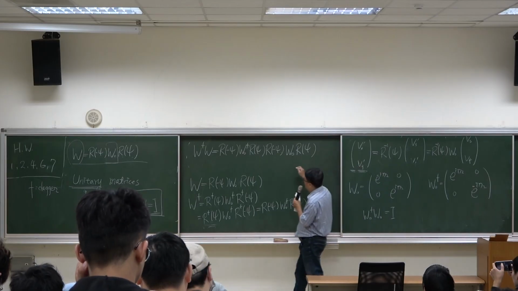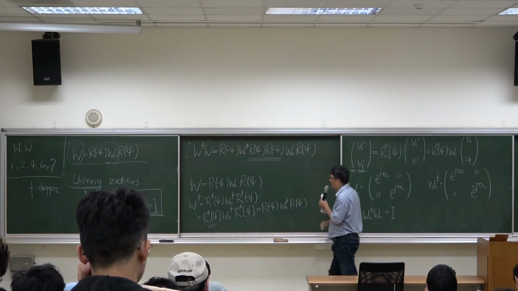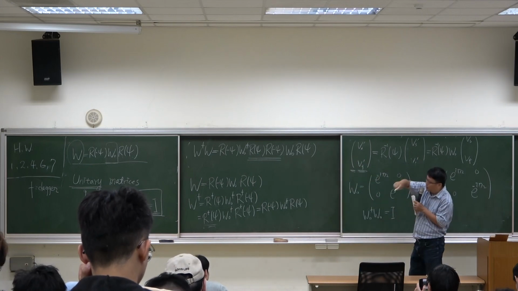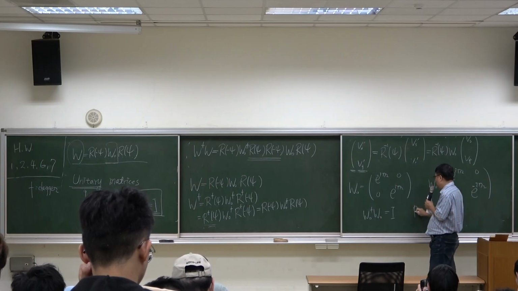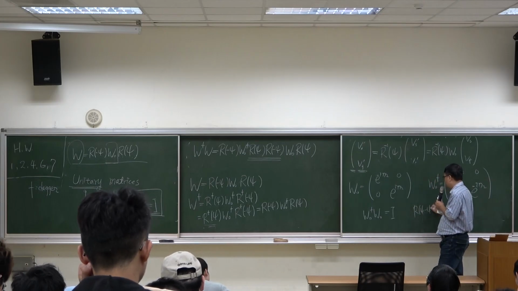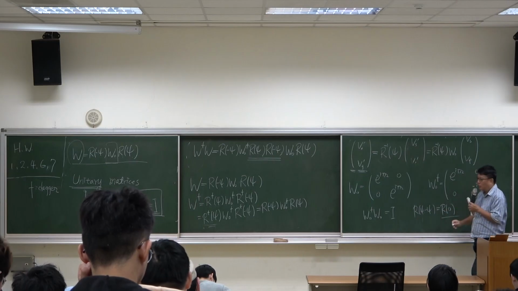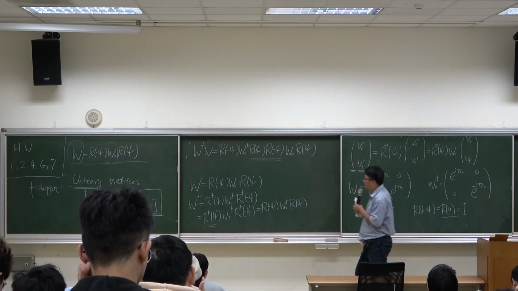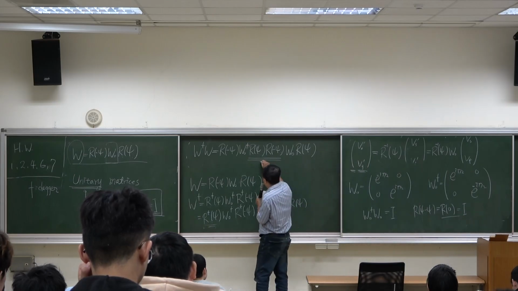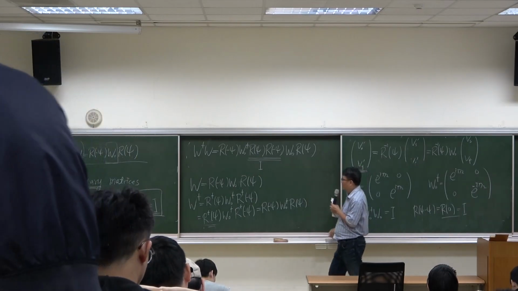And the product of R psi and R minus psi is equal to R0. But R0, R psi minus psi is R0. Rotating zero angle is just identity. Okay? So this is the unit matrix.